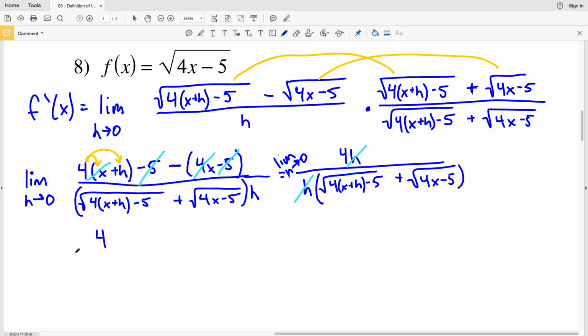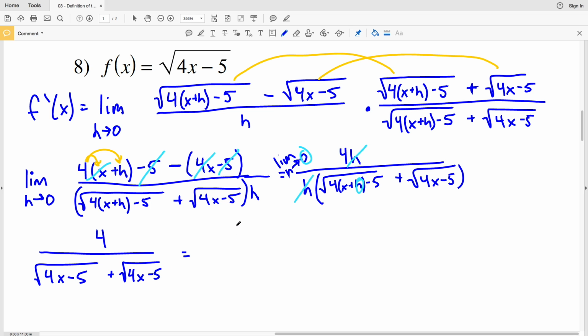So I'll have 4 all over the square root of 4 times x plus h, but remember h is going towards 0, so plugging in 0 for h, I'll get 4 times x plus 0, which is 4 times x. So the square root of 4 times x minus 5 plus the square root of 4 times x minus 5.